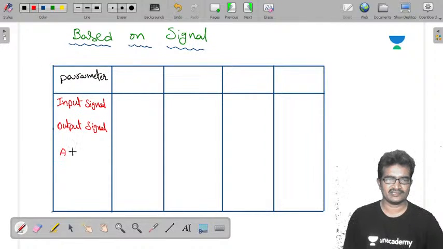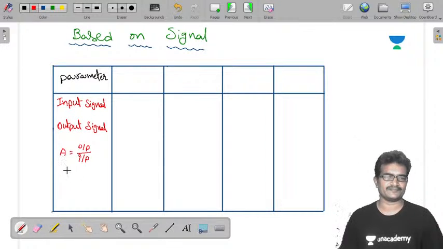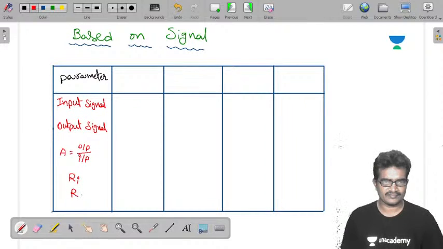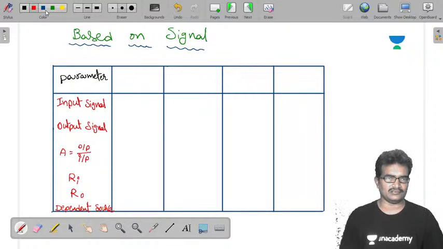Gain is the output signal value by the input signal value. It also depends on input impedance or input resistance, and output resistance. Finally, which type of source it is: a dependent source. Based on these things we are going to classify it.